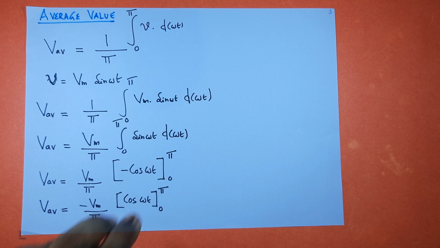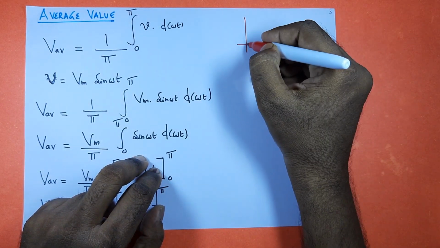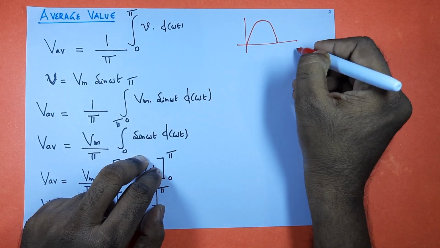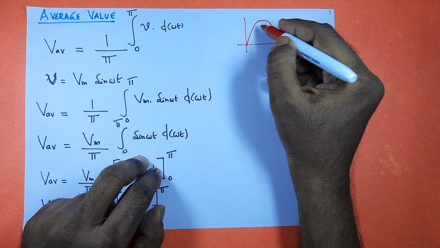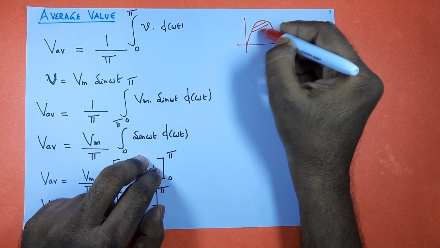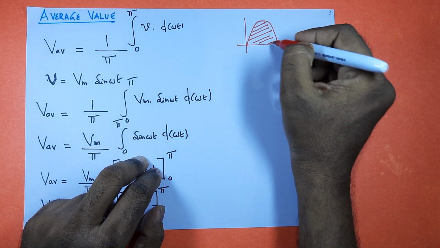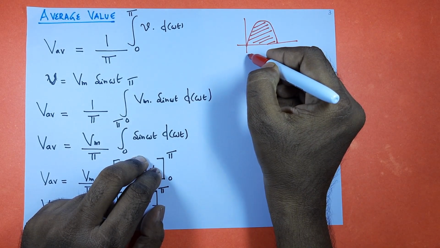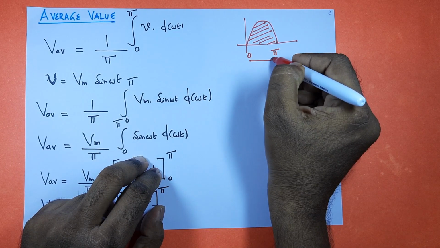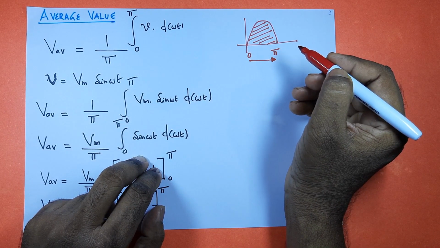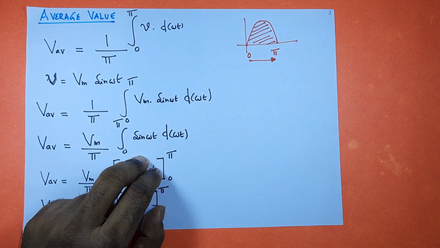So normally for the average value you take half of this cycle. You find the area under this curve divided by the length of the curve. In this case pi is the length of the curve base. To find this area we make use of integration.